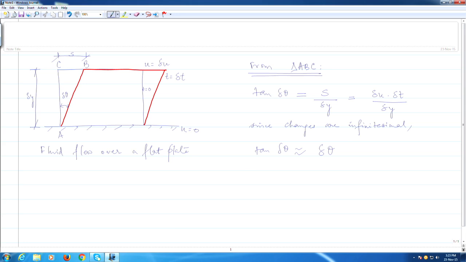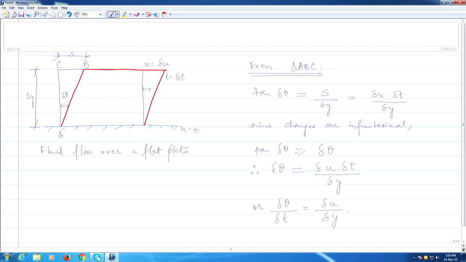So therefore, delta theta is equal to delta u delta t by delta y, right? Or delta theta by delta t is equal to delta u by delta y.